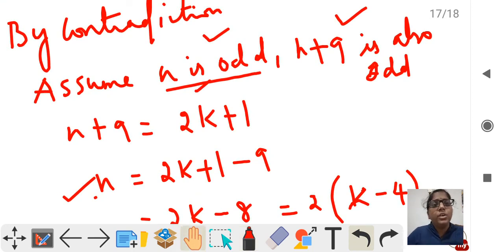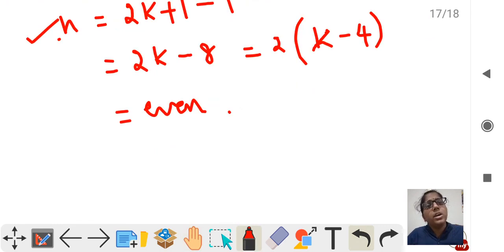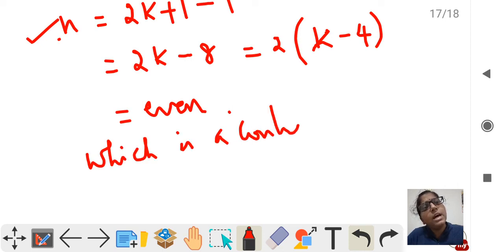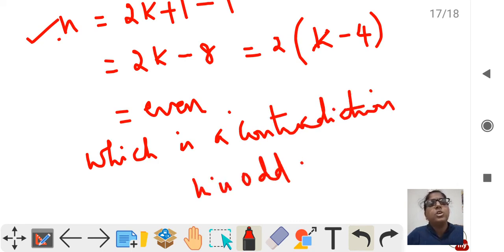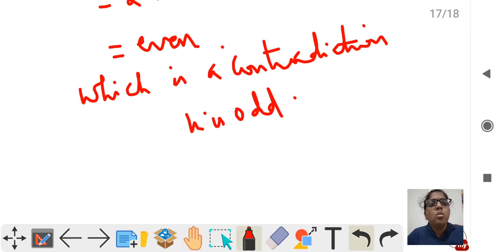So here we have arrived at a contradiction to our assumption. What is our assumption? That n is an odd number. So n plus 9 must always be even.